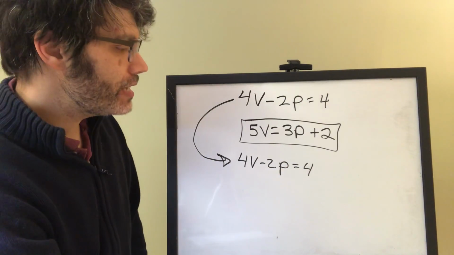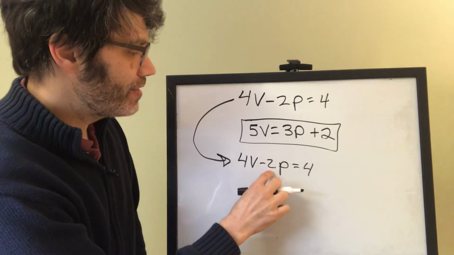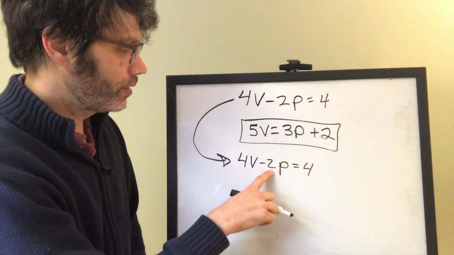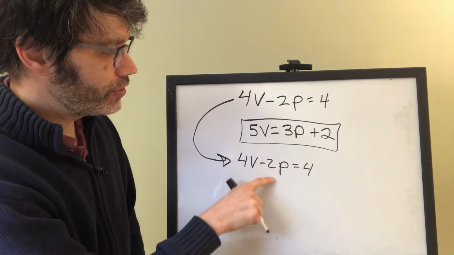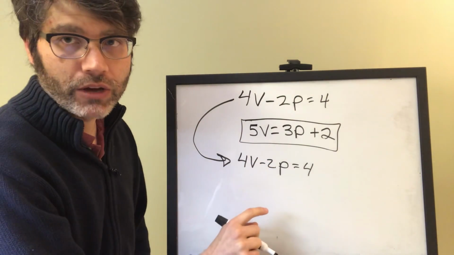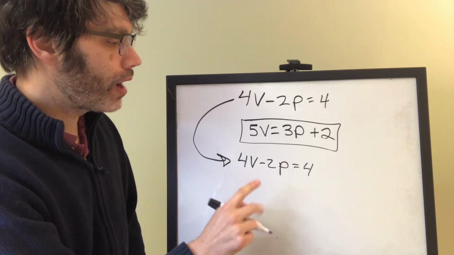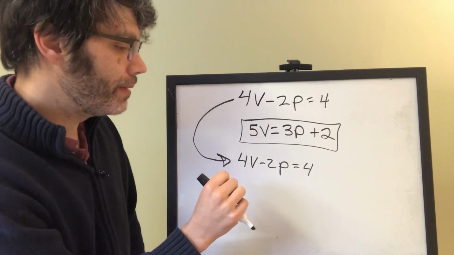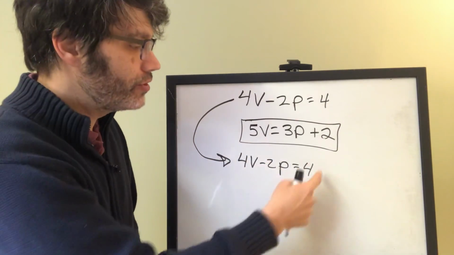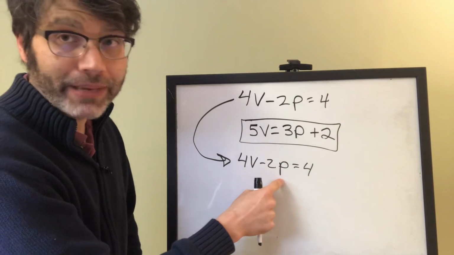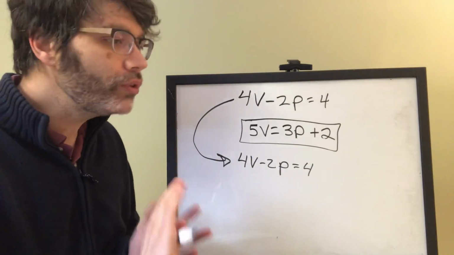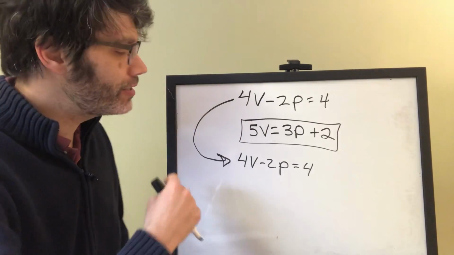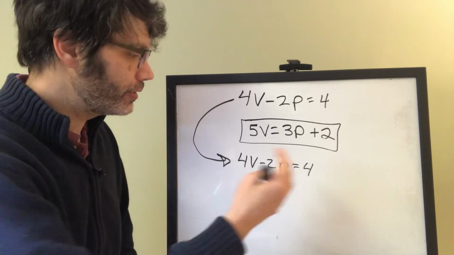Do you see that if I divide everything by 2, this 2 and 2 will drop out and I'll just get p alone? So I would suggest that you use this equation to isolate p. Again, it's not the only correct way to do it. I'm just thinking that it might be a little bit easier to do it that way.